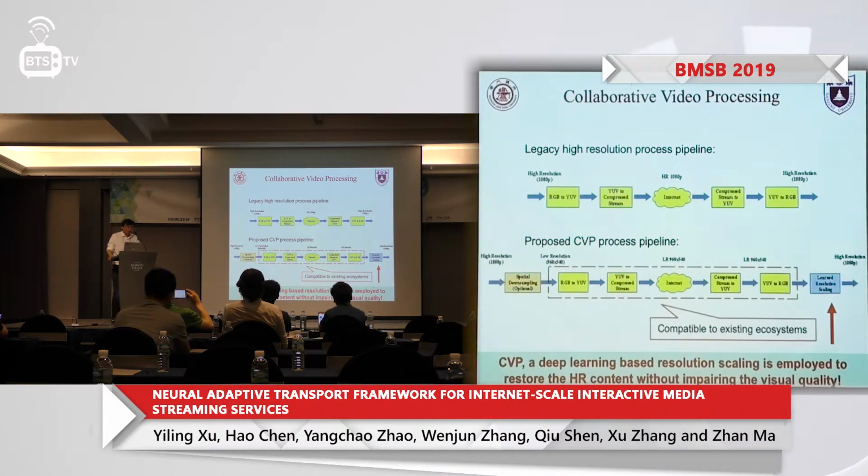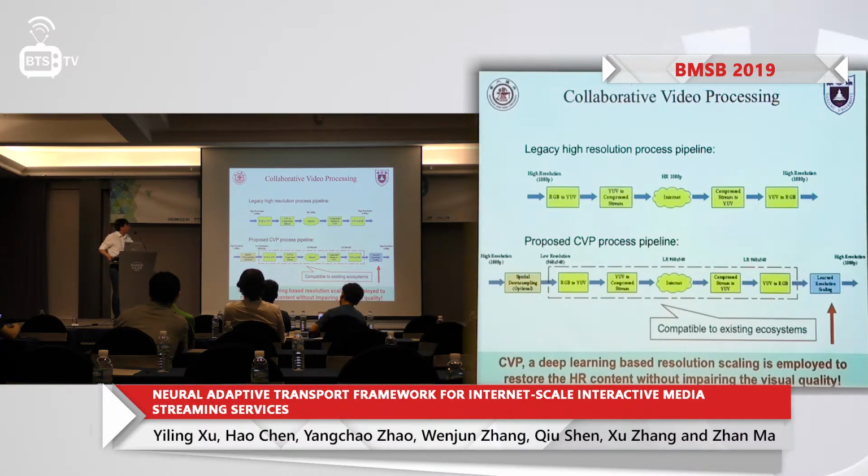And the second one is collaborative video processing. Usually we have this very popular video pipeline from capture to encoding, streaming, and decoding. If you want 4K or 8K video, you have to capture at 4K or 8K and stream at 4K or 8K.